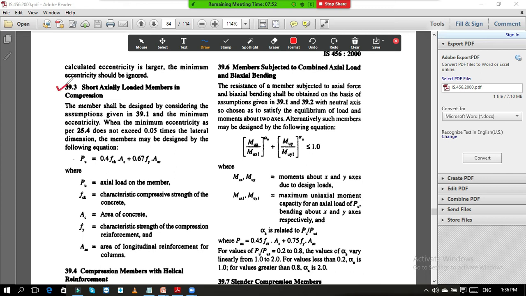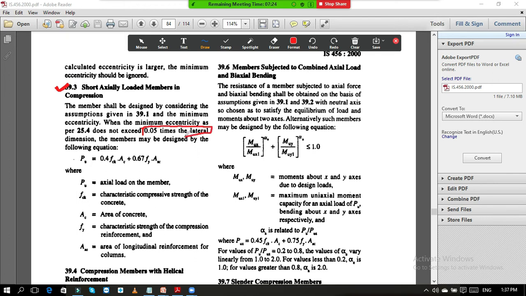Here you can see clause number 39.3, axially loaded column. Here they have also told you when the minimum eccentricity as per 25.4, the clause which we have just seen, does not exceed 0.05 times the lateral dimension. So that is what I am telling you, 0.05 times the lateral dimension.